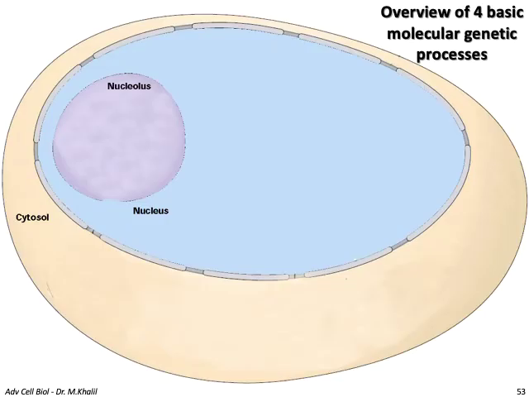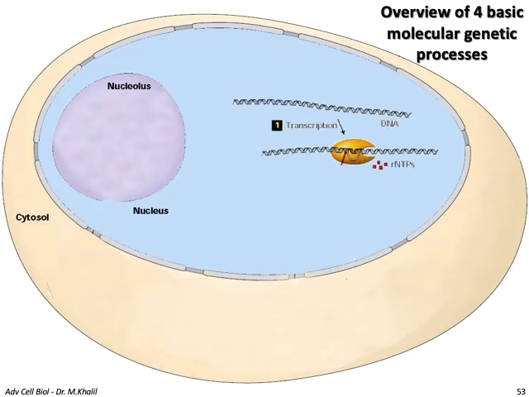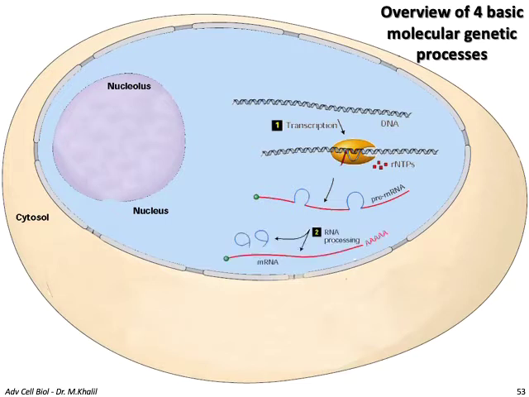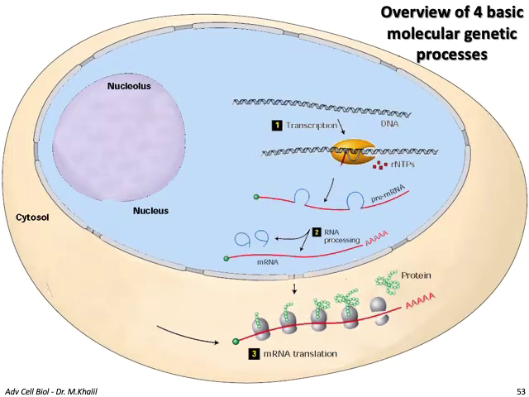If we go over the four main basic molecular genetic processes that happen inside the cell, you will see that the first one is the process of transcription, which generates messenger RNA. This messenger RNA has to be spliced, RNA processing, to generate a mature mRNA that migrates to the cytoplasm to be translated.